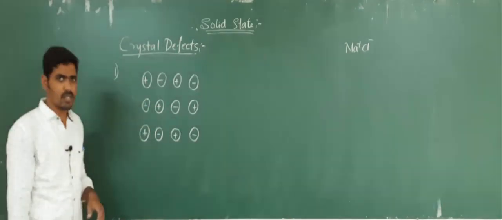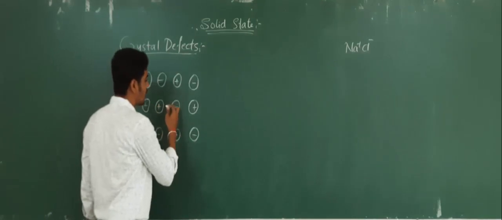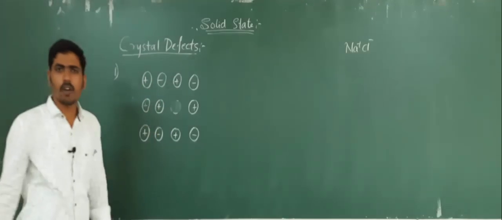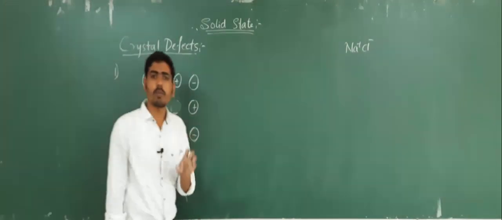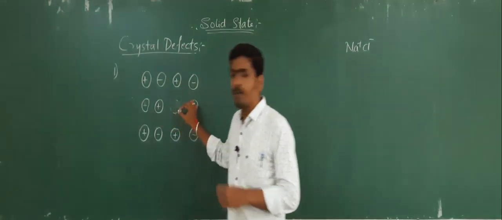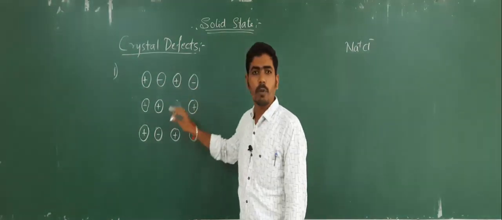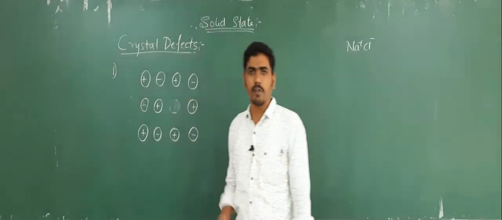In this crystal, if there is a missing of one anion, let us say one anion gets missed, there will be formation of a vacancy defect due to the missing of a particle at the lattice site. That defect is said to be vacancy defect.